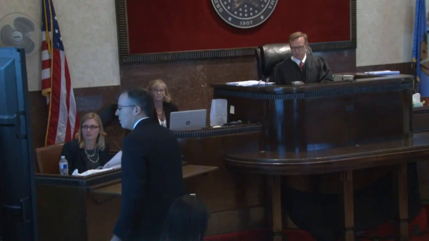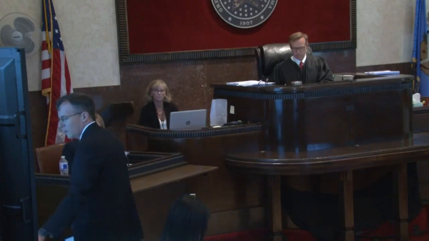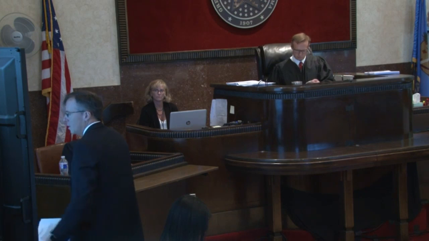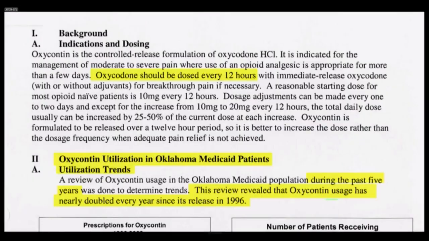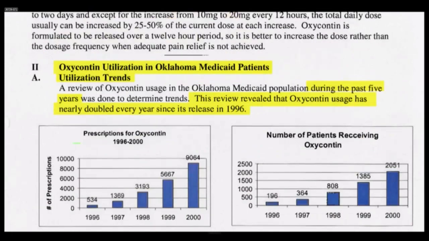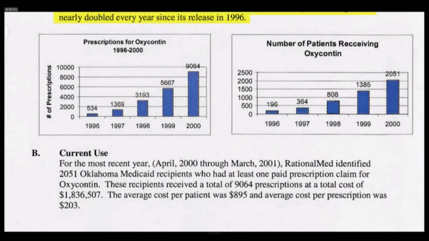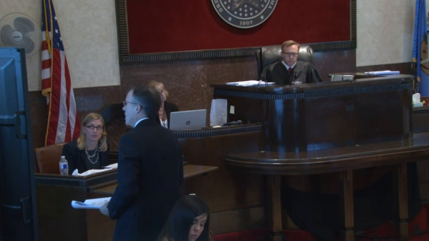That's what that says. And they concluded, based upon that review, that OxyContin usage has nearly doubled every year since its release in 1996, correct? That's what that says. And if we scroll down a little bit, Ms. Conway, we see that that pattern existed both for prescriptions of OxyContin, correct? That's what that says.